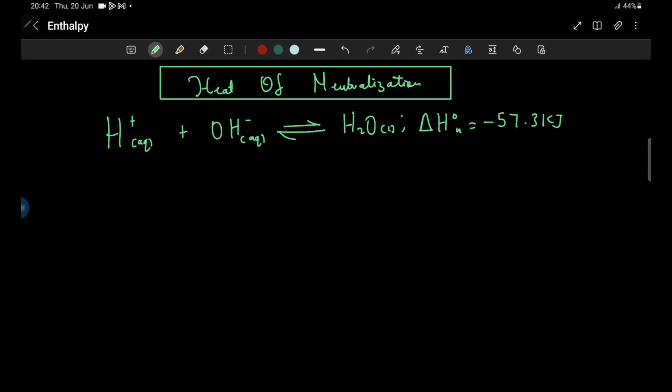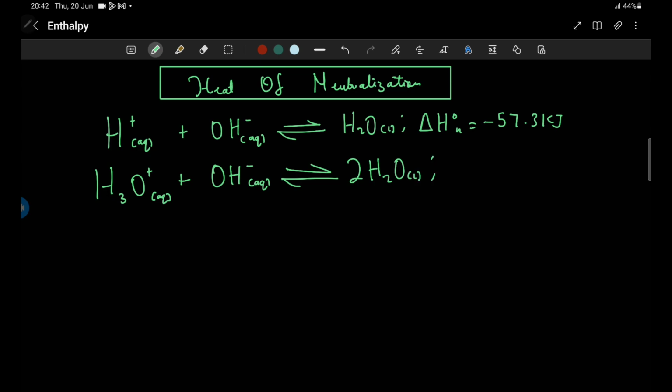Alright, in all cases, you can also write this equation as sodium ion reacting with hydroxide ion, reversible, to produce 2 moles of water in this case, and then the heat of neutralization will be the same, minus 57.3 kilojoules.